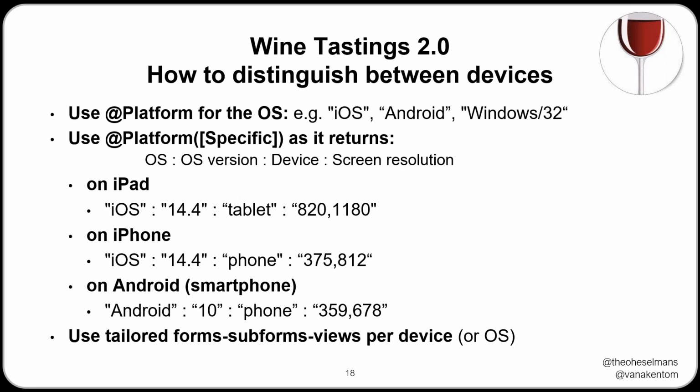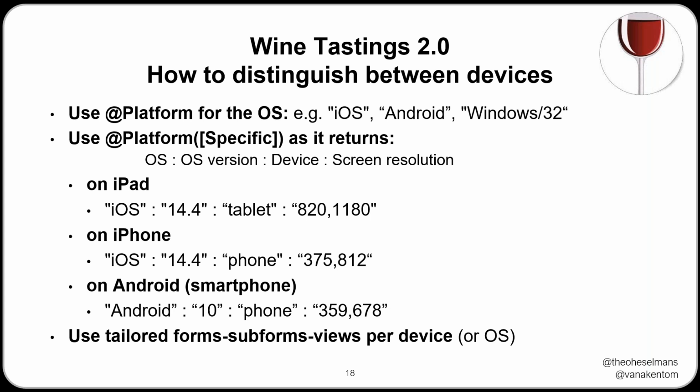Max already explained a little bit about how to distinguish between the devices. Here we've got a few examples. If you use a regular @Platform, it just says iOS, Android, or Windows 32. If you use @Platform specific, a list is returned.